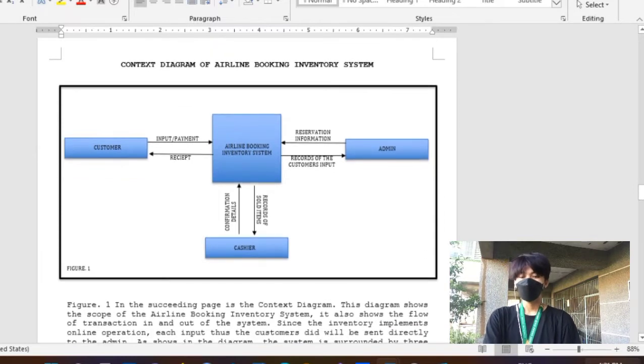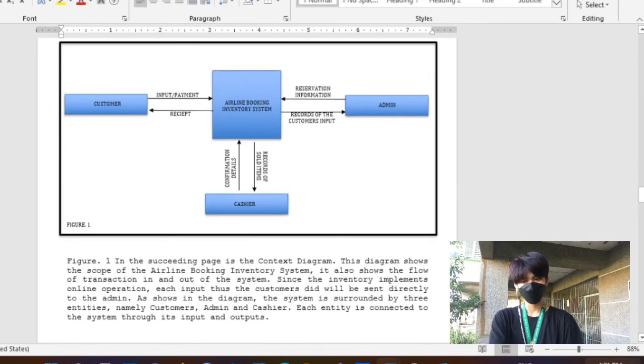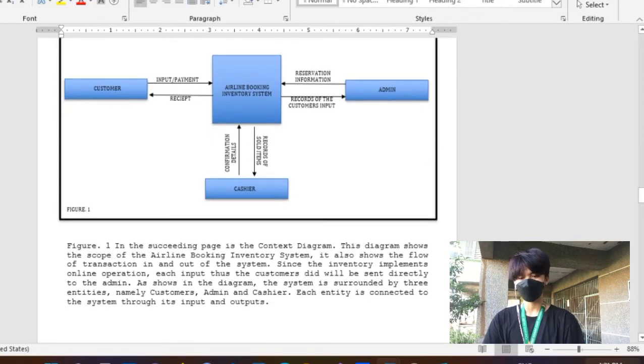So, the context diagram of the airline booking inventory. In this figure 1 is the context diagram. This diagram shows the scope of the airline booking inventory system. It also shows the process or the flow of transactions in and out of the system.